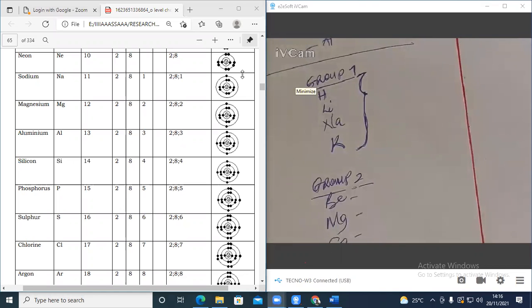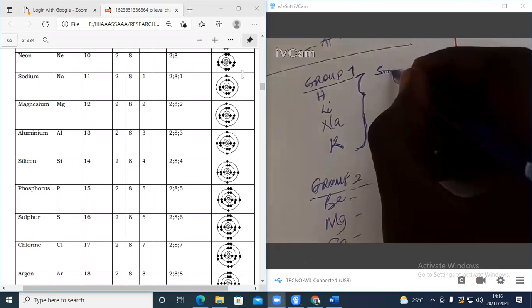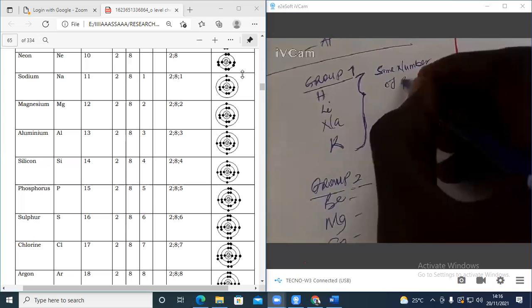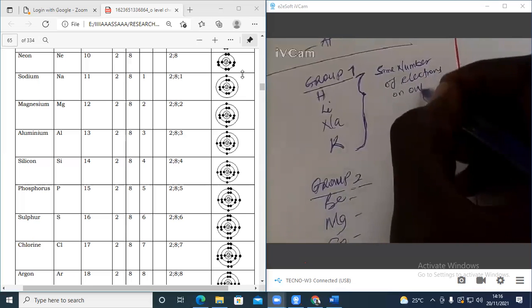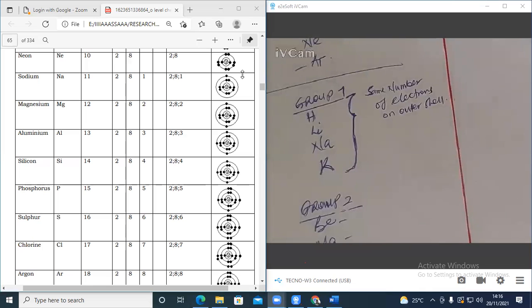Elements in group 1, all of them have the same number of electrons in the outermost layer. Same number of electrons on the outer shell. That's a good observation. Who else? Yes, Pav.